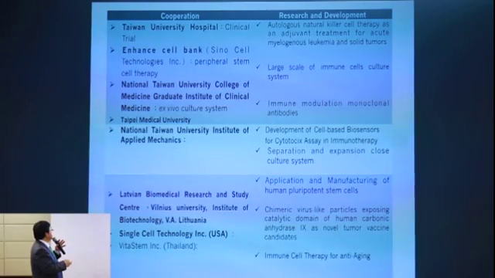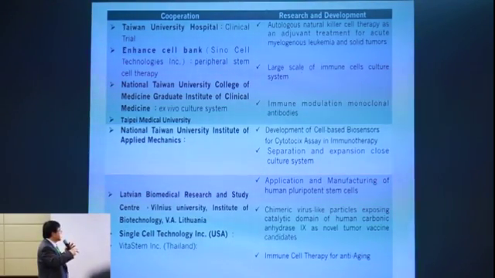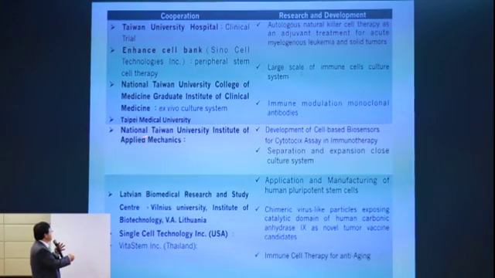And we cooperate with the National Taiwan University College of Medicine Graduate Institute of Clinical Medicine. We developed a new ex vivo culture system, a closed system, in one step to separate and culture the cells in the bag. And we have a new technique to detect cytotoxicity in a microchip because we cooperate with the National Taiwan University Institute of Applied Mechanics.